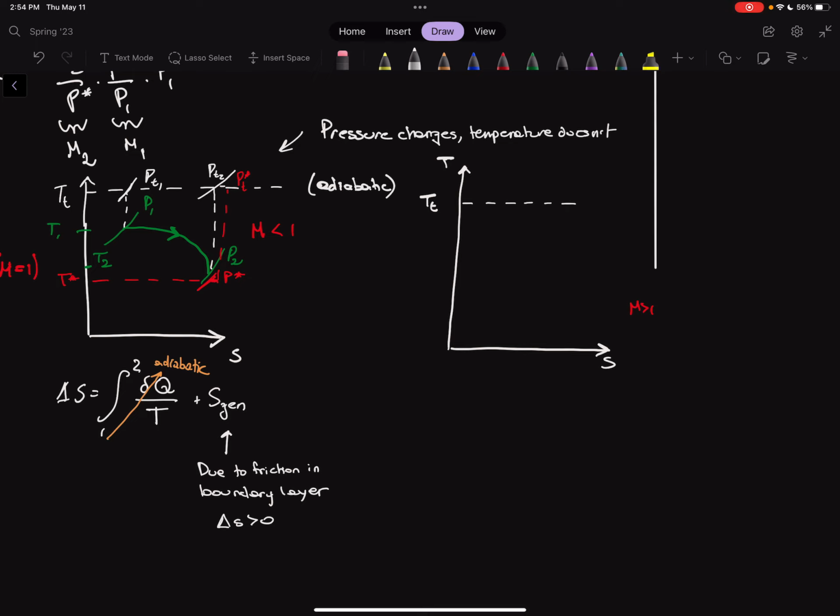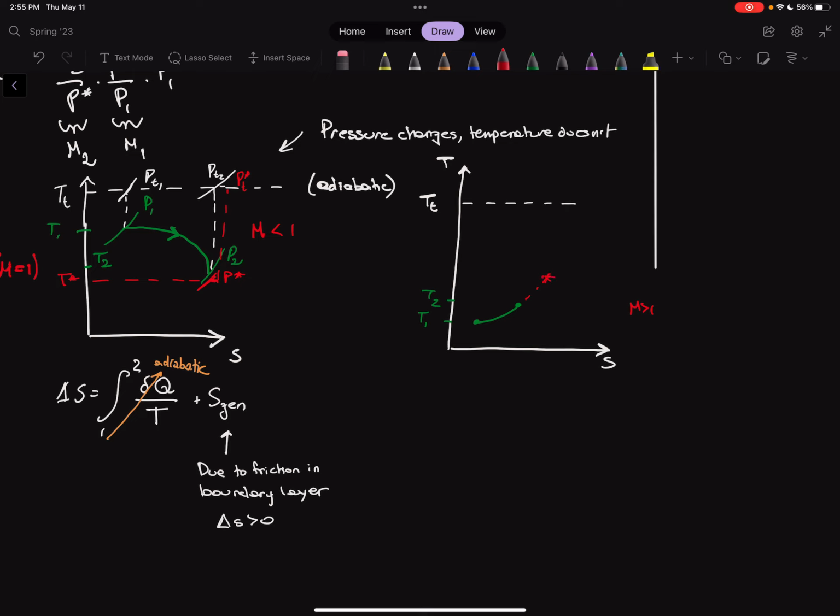So I would have T1 here. I would go like that. T2. Up to the particular limit case, which would be here at T star when M equals 1.